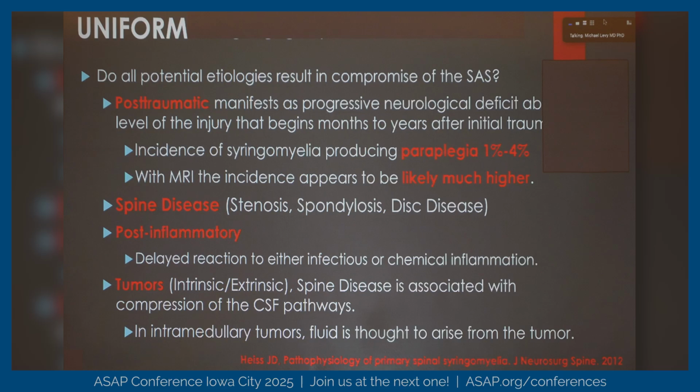We've tried a myriad of different graft materials and have found problems almost universally. But this is problematic, and this can also be related to eventual syrinx formation.